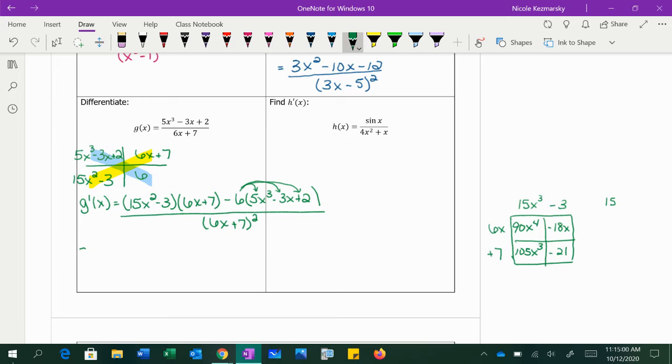So as I write this out, I'm going to start with the 90 x to the 4th. Then I'm going to do plus 105 x squared minus 18x minus 21. Not sure where that line came from.